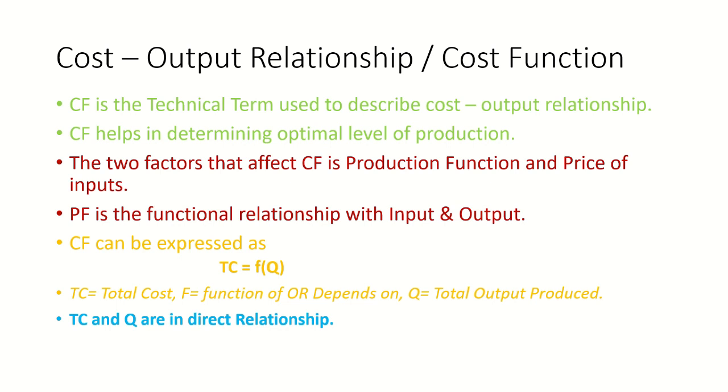And TC and Q are in a direct relationship. That is, the total output produced and the total cost are in a direct relationship. We saw this point in the last slide, in the determinants of cost. Direct relationship means, once again, when the output increases, the TC also increases.